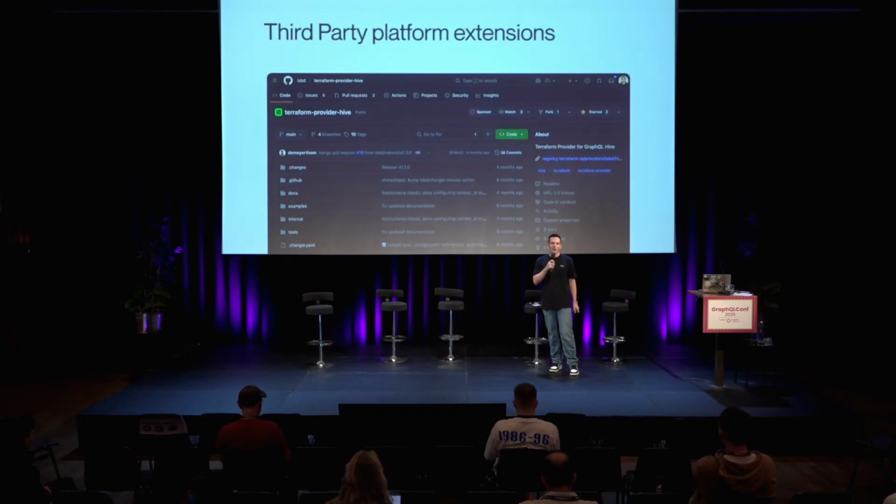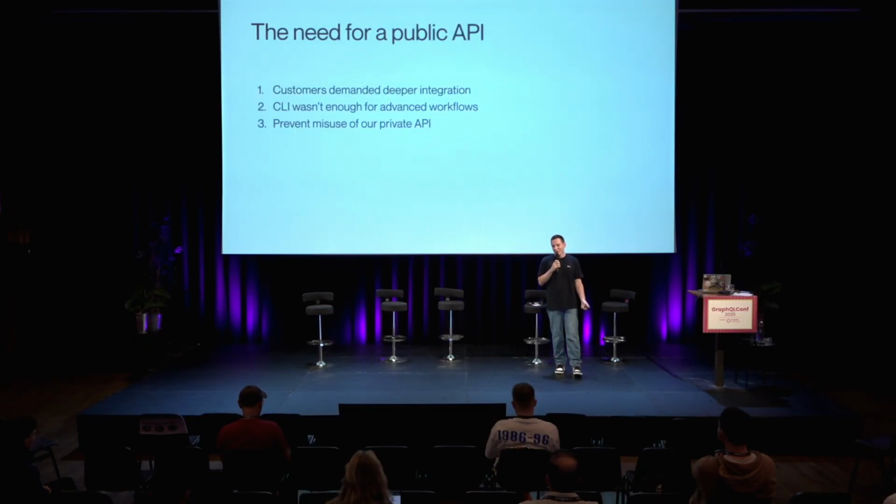And then also other clients started filling gaps that we did not have, like a Terraform provider that is also using the GraphQL API and operations that we had in our CLI. And on top of that, also parts of our private GraphQL schema. So we realized we actually need a public API to satisfy the needs of those customers, because the CLI wasn't just enough for them.